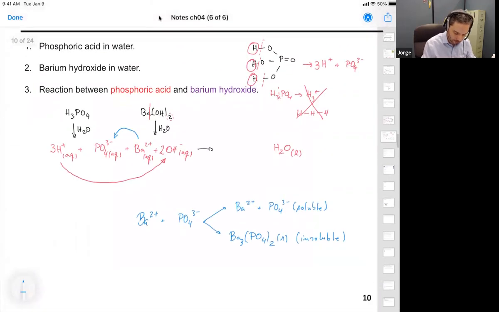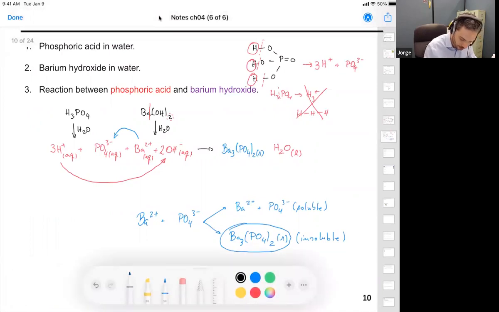So that is the form that's going to show up in solution. We have such a strong bond between barium and phosphate that this compound is a solid.